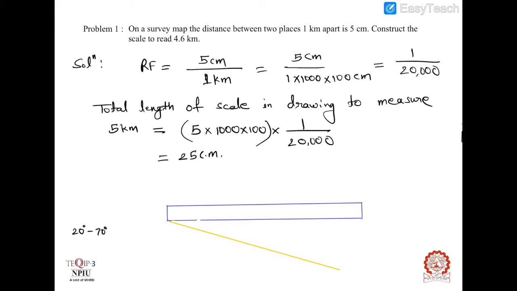Now take any length on the rounder, means you have to take any radius on the rounder and cut an arc by taking center this point. Cut arc here, then again change the center here and then again cut arc here. In similar way, you have to mark 5 arcs on this inclined line.